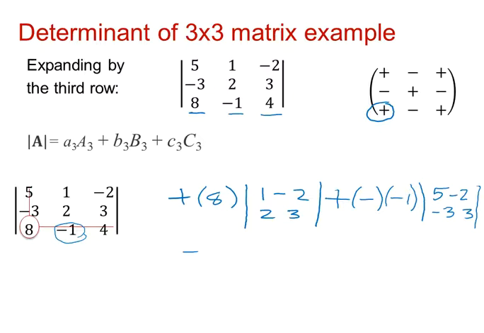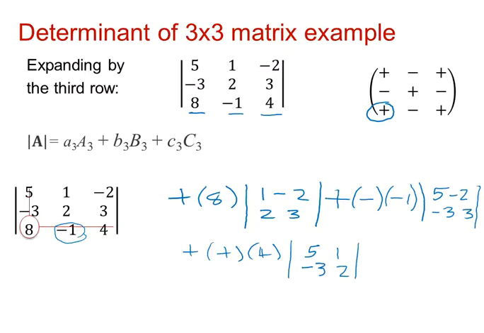Adding that third C3, we know we're going to have a positive sign. Looking at the signs matrix, we know the element is a 4, and the 2 by 2 matrix is going to be 5, 1, minus 3, 2.